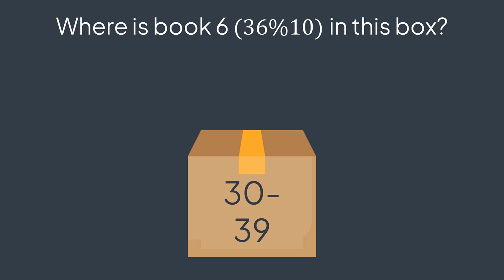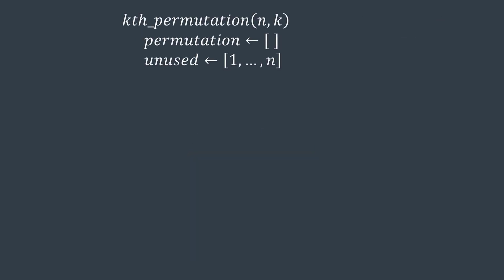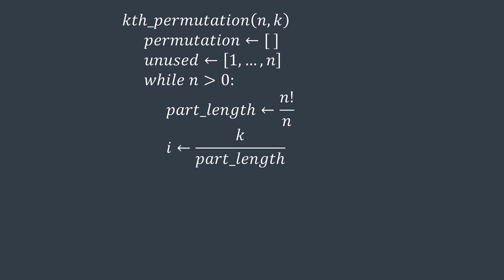Let's try to generalize. At the beginning, we have n, k, and unused that contains elements in the range from 1 to n inclusive. Now, while n is greater than 0, we start by calculating the path length. It's n factorial divided by n. After it, we calculate the index of the next element to put in the permutation. Remember that we calculated by dividing k by the path length.